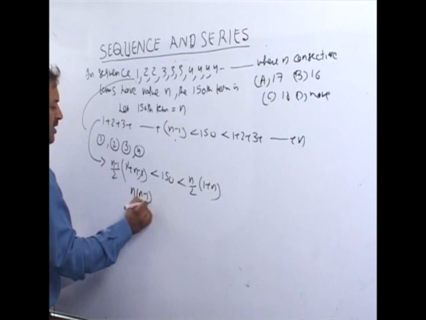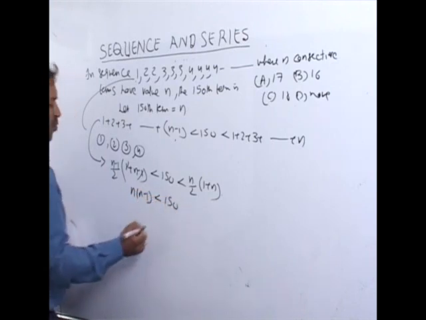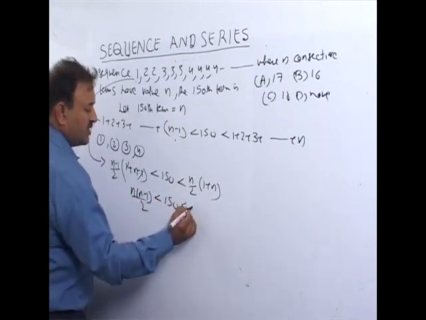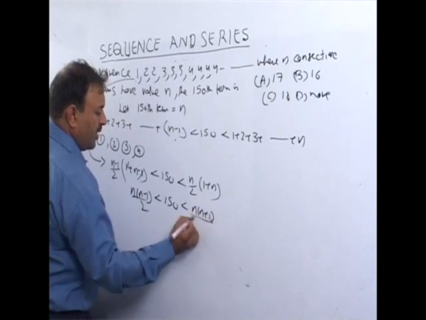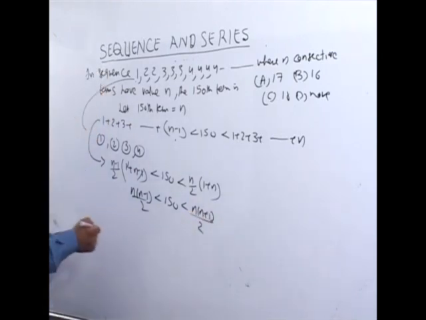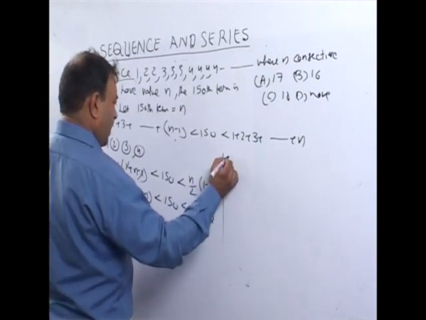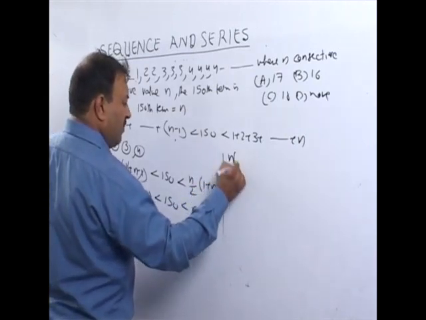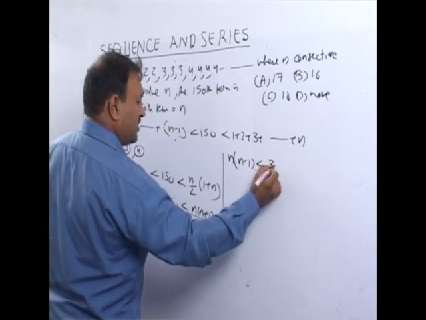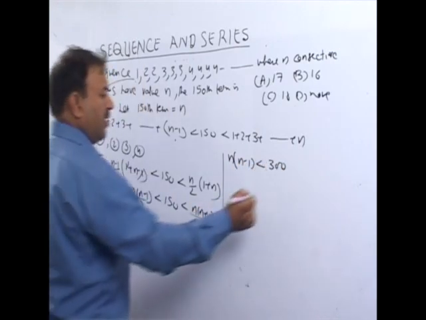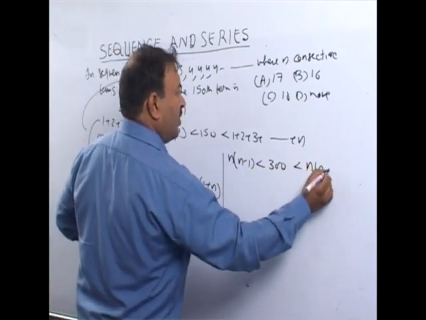So n into n minus 1 by 2 is less than 150, less than n into n plus 1 by 2. Now I can multiply, and it comes out to be n into n minus 1 is less than 300, less than n into n plus 1.